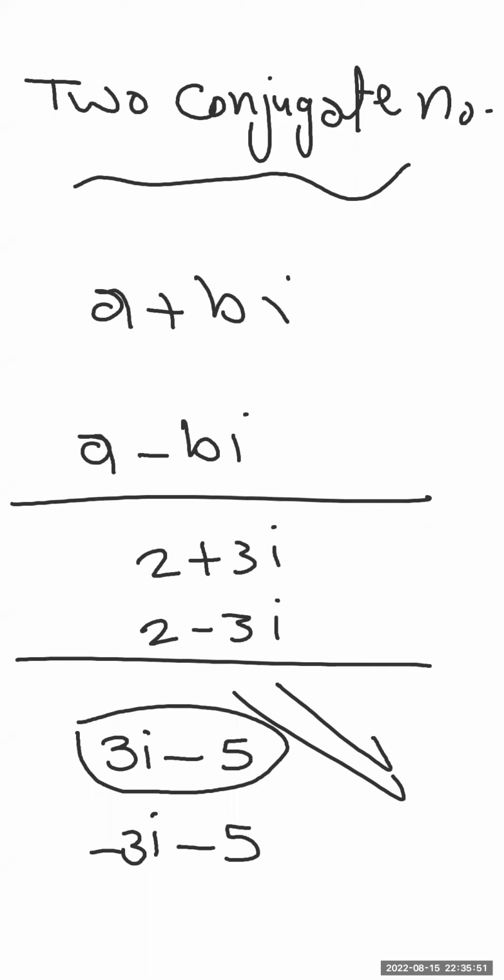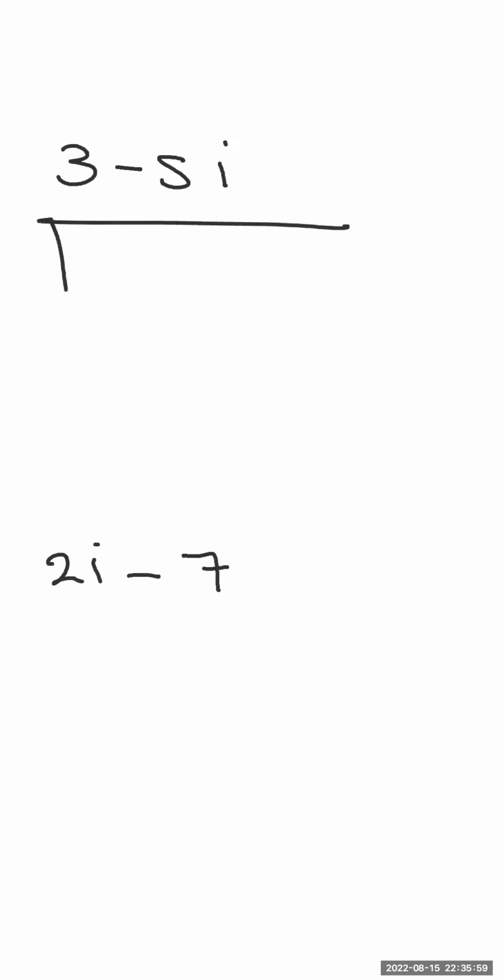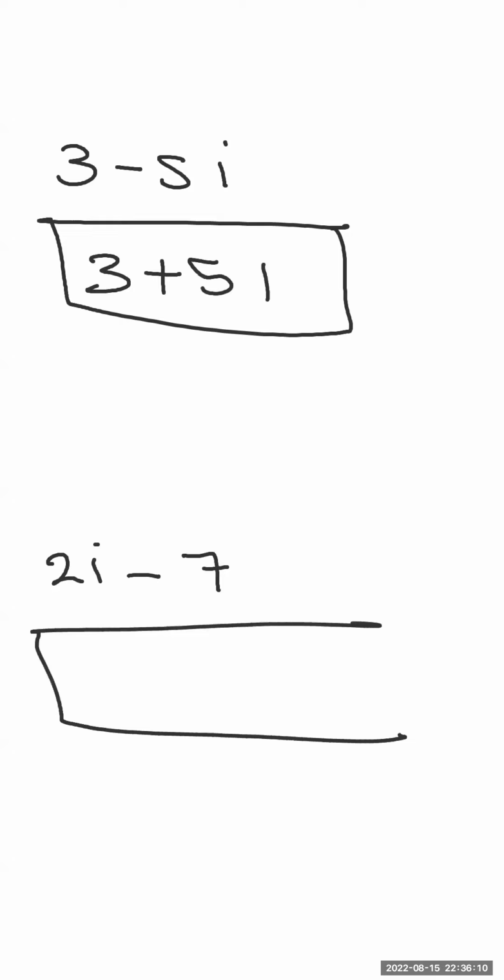So again, if the number is 3 minus 5i and 2i minus 7, then the conjugate of this one is 3, change the sign of the imaginary, plus 5i. But here, change the sign of the imaginary, 2i becomes minus 2i, and keep minus 7. This is the real part. Okay?